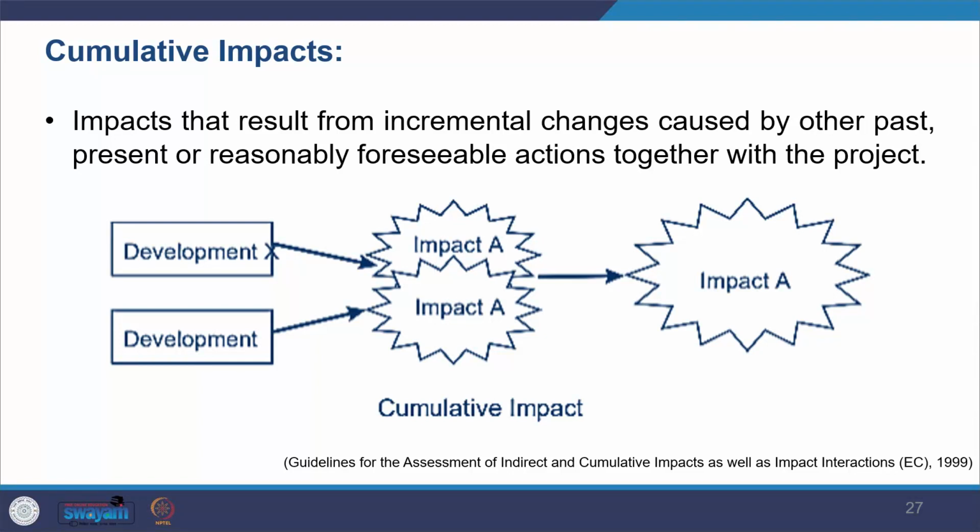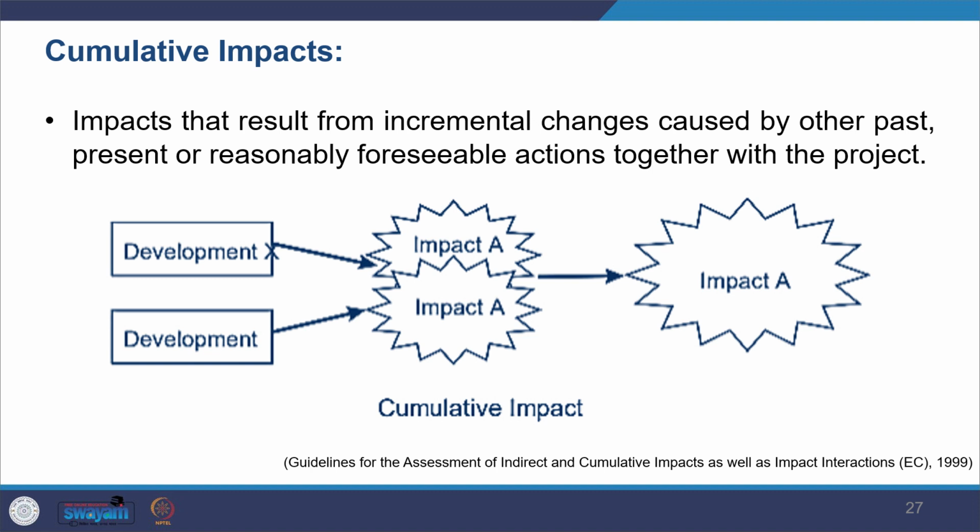And now seeing what cumulative impact is here, you can see the impact that results from incremental changes caused by other past, present, or reasonably foreseeable actions together with the project. So here you see impact A, and impact A in future, and then from one development to another development. So what's happening there?